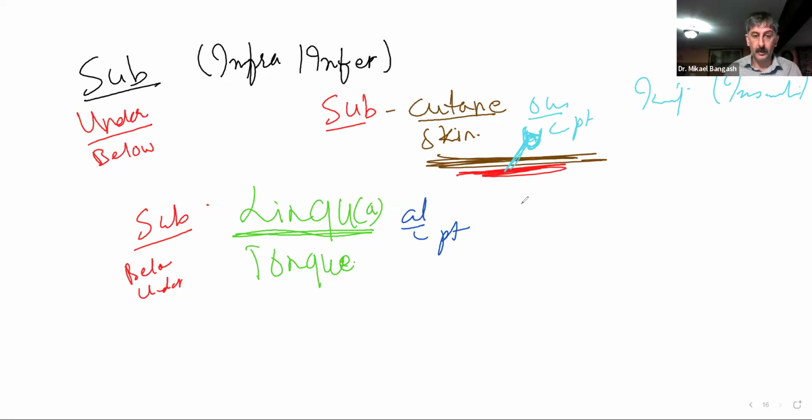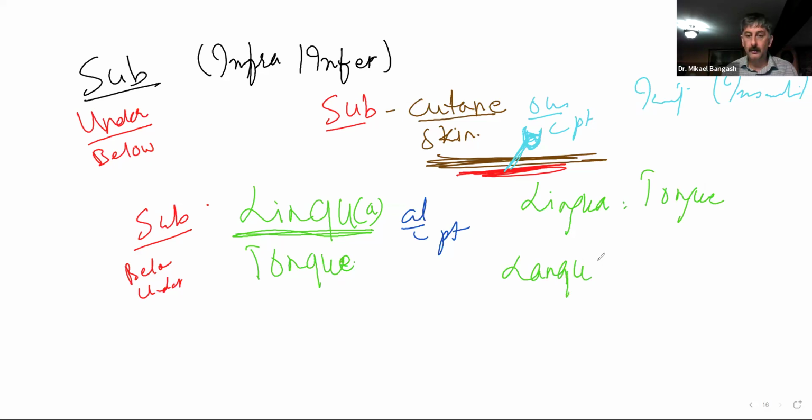Now, guys, if you look at the word lingua, which means tongue, and you look at the word language, don't you see some similarity?